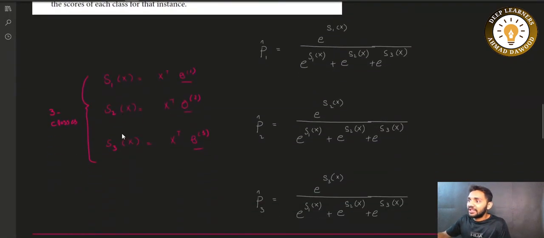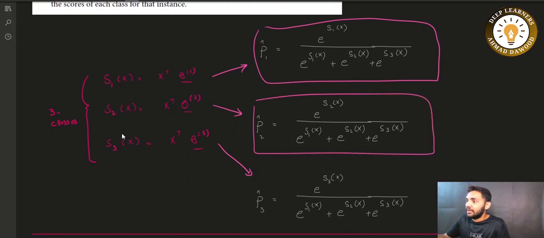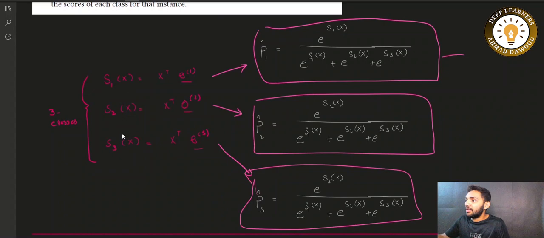Against three classes you will have three probabilities like this. You can see here e raised to power score 1 divided by sum, e raised to power score 2 divided by sum, e raised to power score 3 divided by sum. Now you will have three probabilities, and in this way this model's equation works.